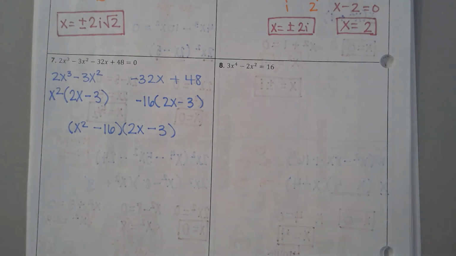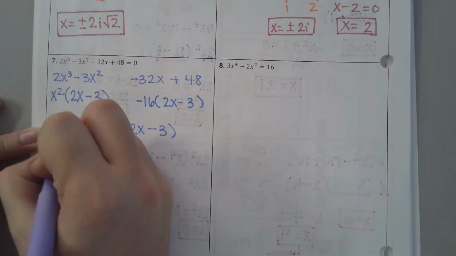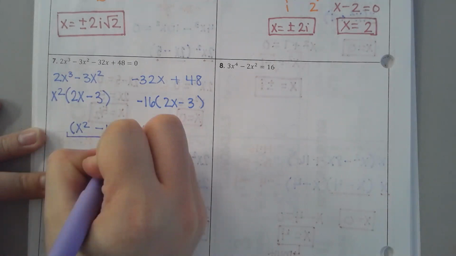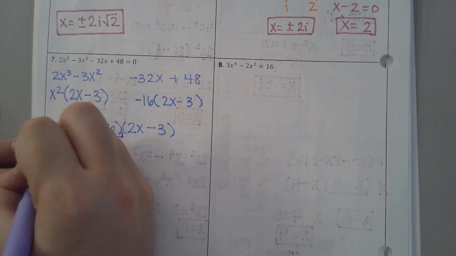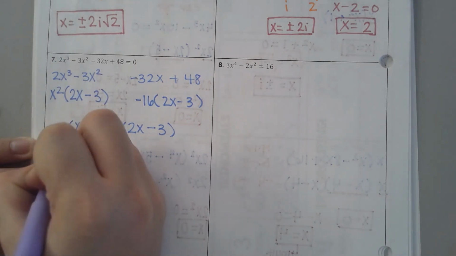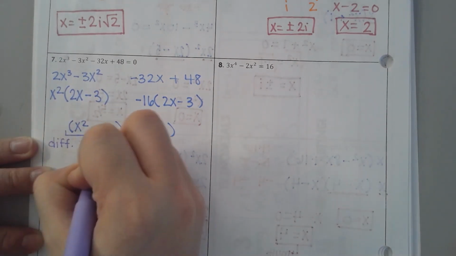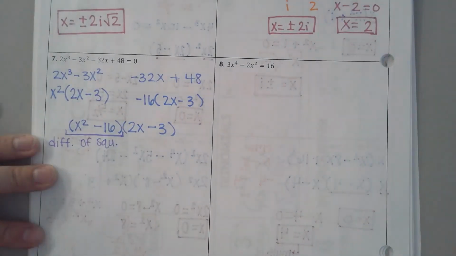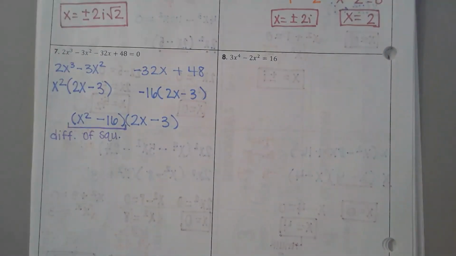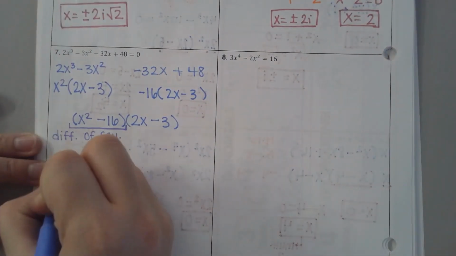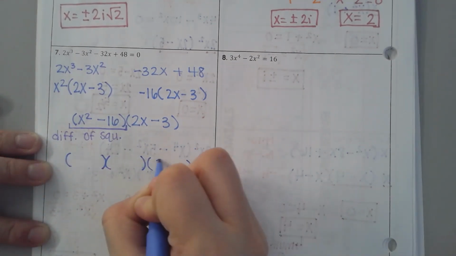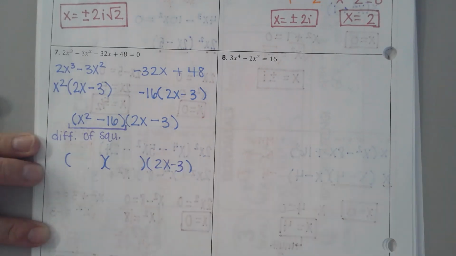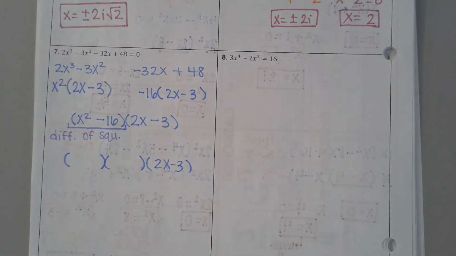Yep. This x squared minus 16, recognize it. This is a difference of squares. And what's the square root of x squared?